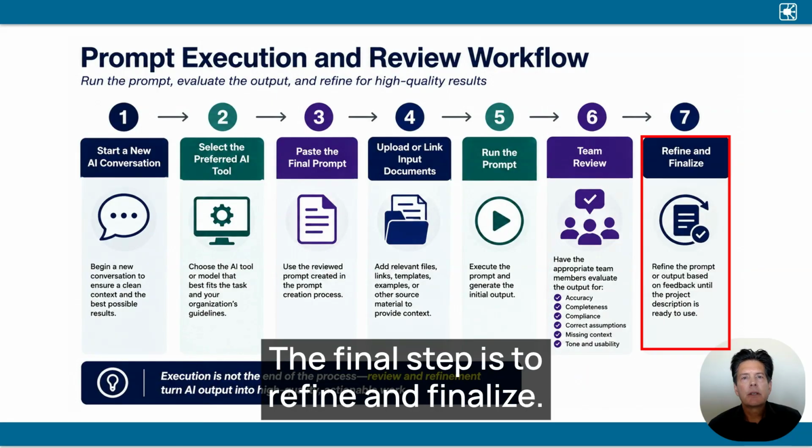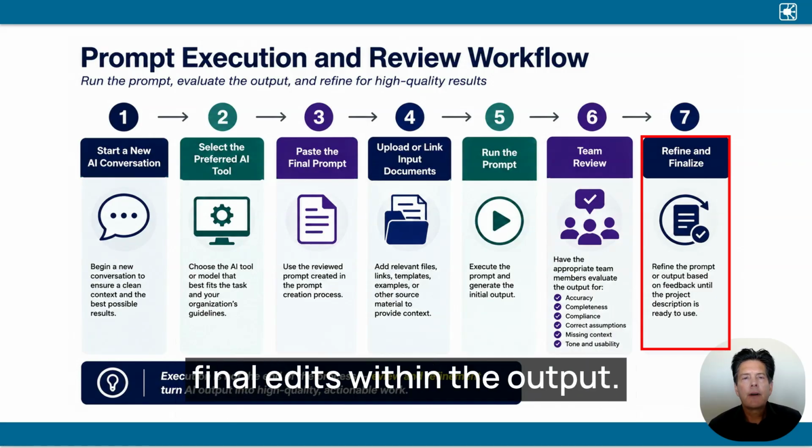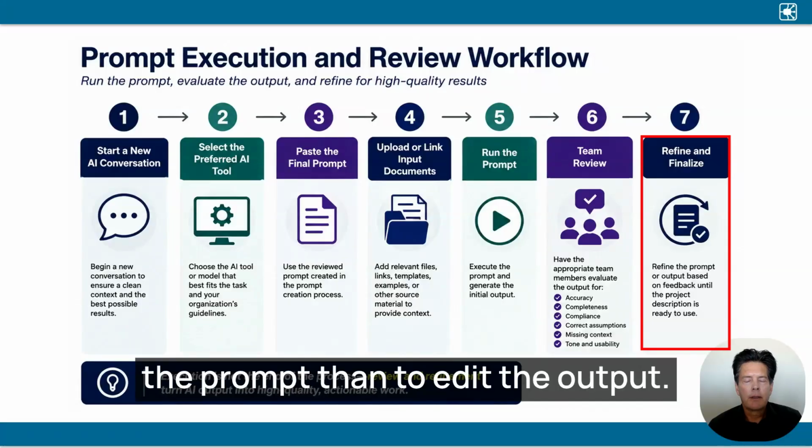The final step is to refine and finalize. If the output is accurate, then you can go ahead and make final edits within the output. If you find the output is not correct, you're better off to refine the prompt than to edit the output.